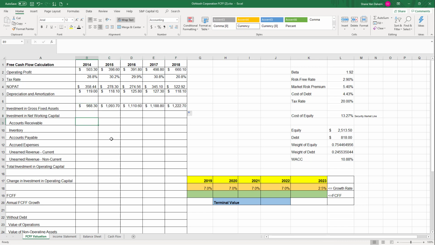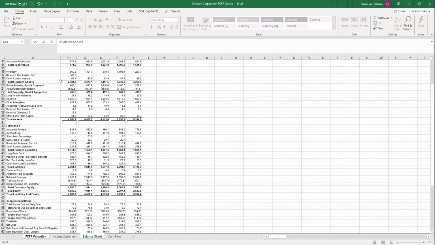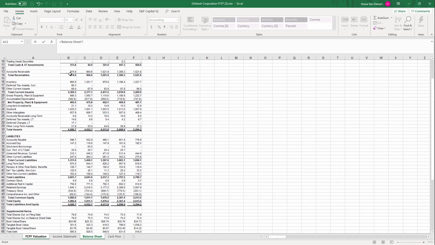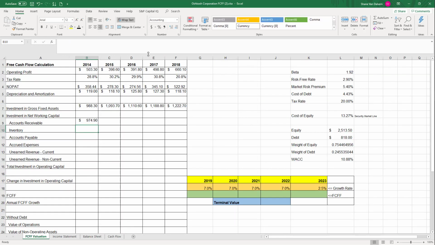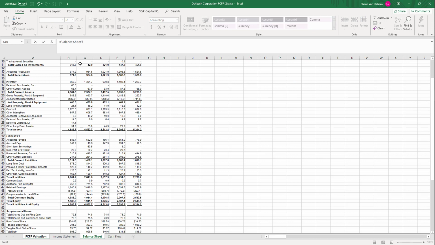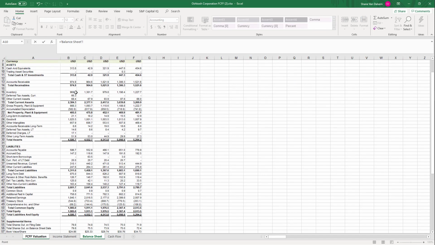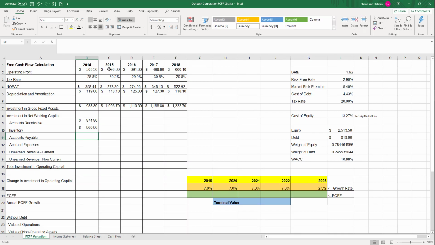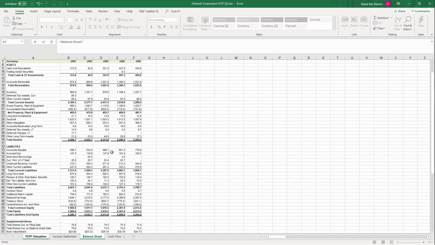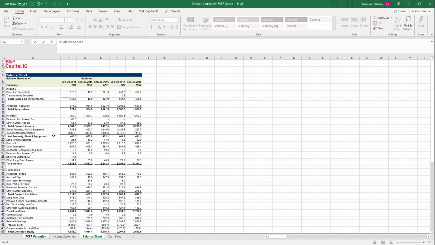And then we want to fill in these cells here. The accounts receivable goes off the balance sheet. The inventory, again, comes right off the balance sheet. Accounts payable, I'm just doing the same thing, just going to the balance sheet, getting the 2014 value.